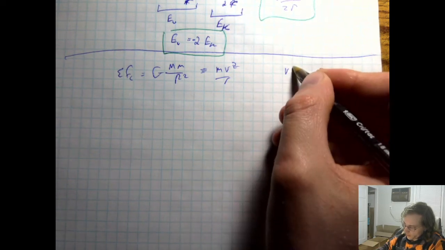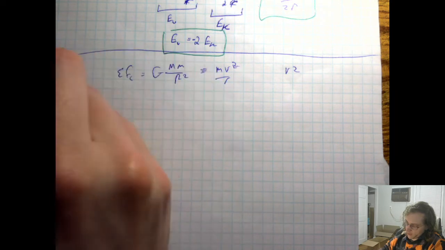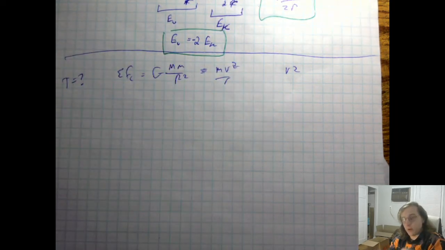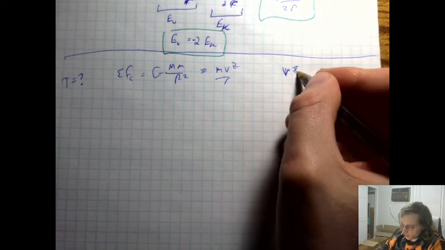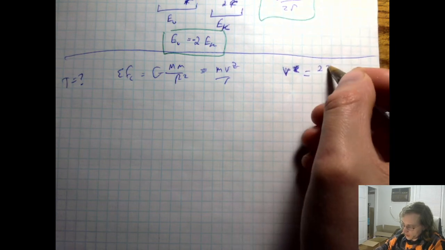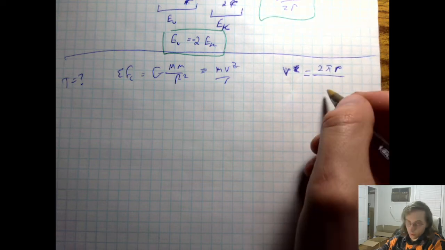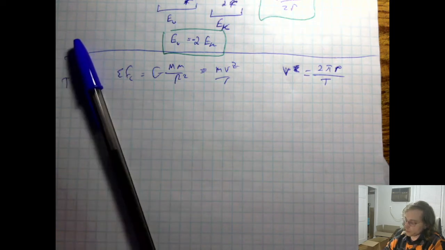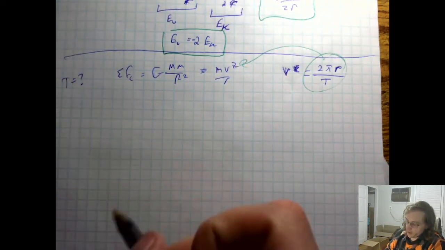Well, if we're trying to figure out our period, our speed that we go in the circle is going to be related to how long it takes us to go around the circle. Our velocity will equal our distance over our time. Our distance we need to go for one complete revolution is 2 pi r, or the circumference of the circle. The time it takes will be the period. So we can take this and plug it in over here.